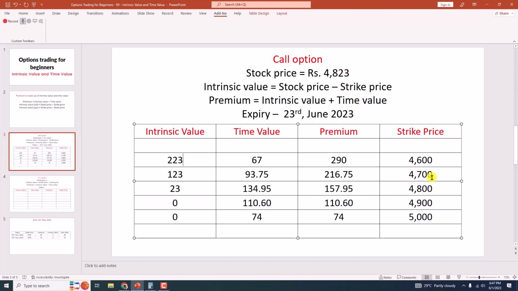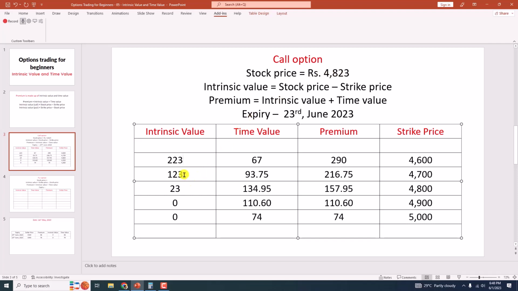I have an option to buy at this price, so the seller has to give me the stock at this price. I will buy the stock from the seller at 4,700 and then sell it at this price to someone else. So I will make this much money.